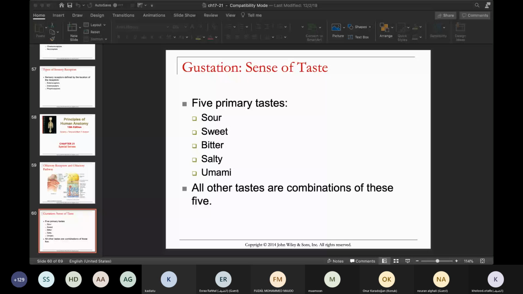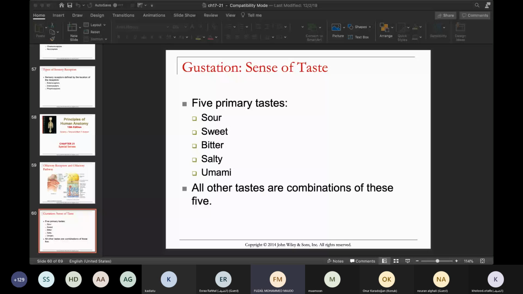Rabia? Rabia. Go on. Safia, do you know what umami is? Yes, teacher.